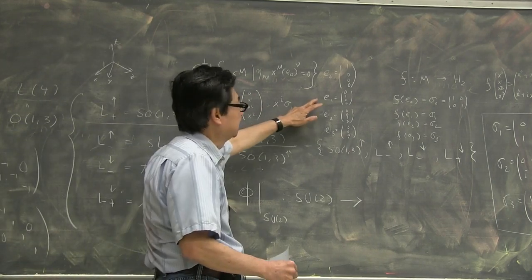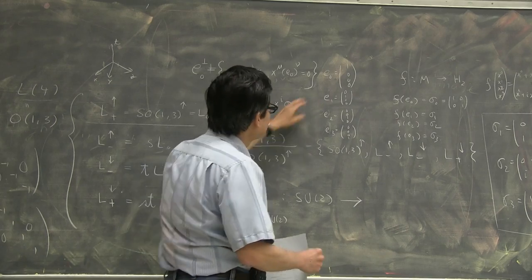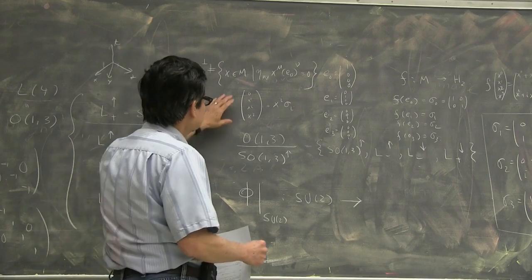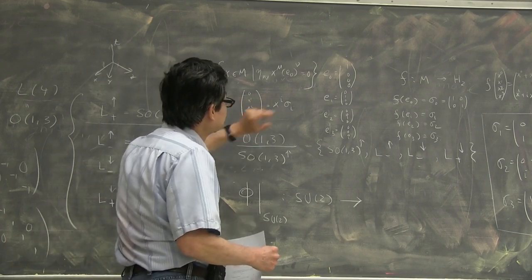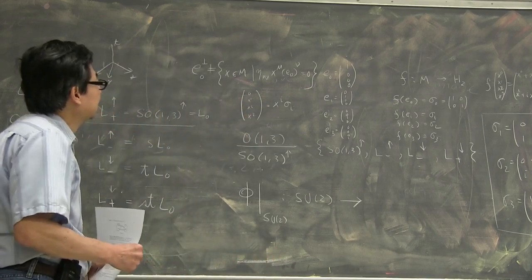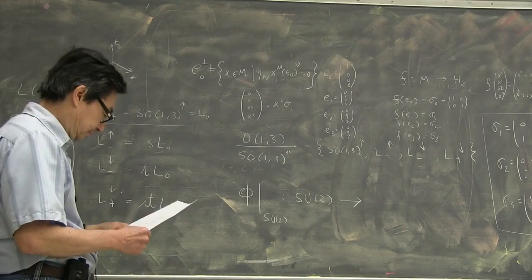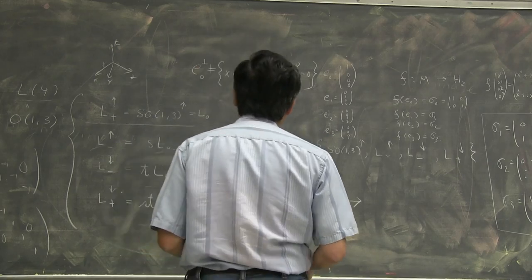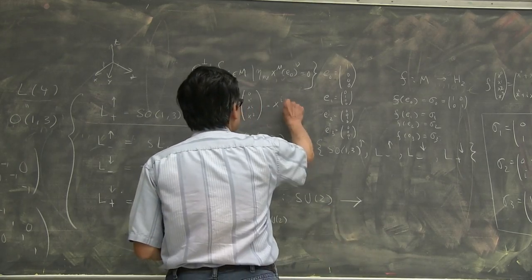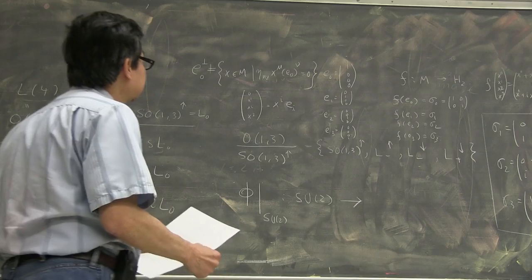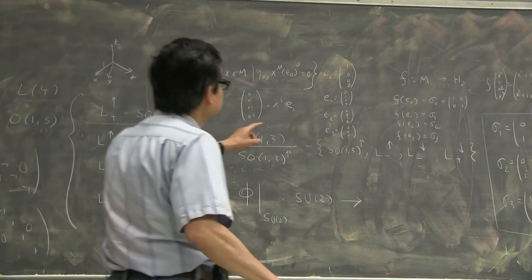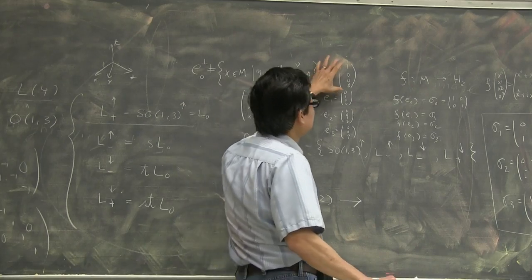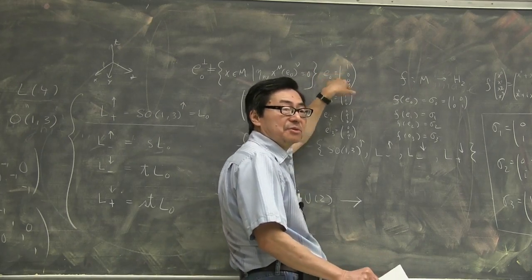So you don't have to worry about this one in here. There's no component along the first one, because this is 0 in here. It's like the number 0 times this gives you 0, 0, 0, 0, as a 4 vector.